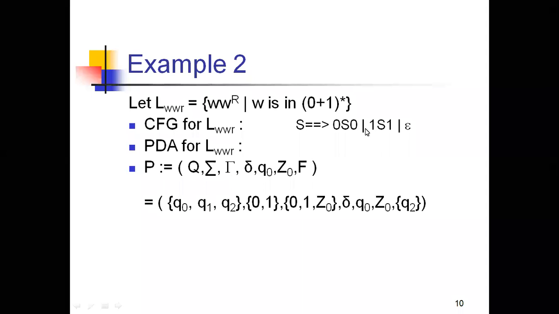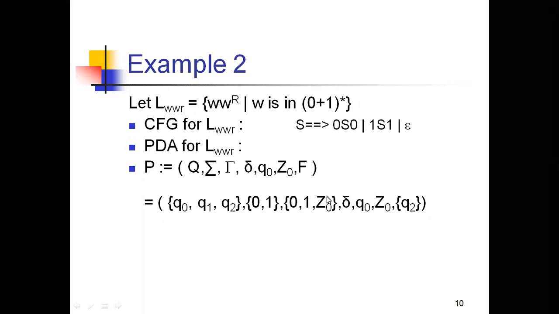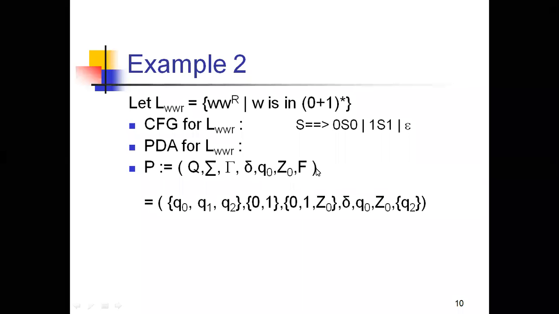For accepting the context free grammar, we're taking three states: q0, q1, and q2. The input alphabets are 0 and 1. The stack alphabets are, along with 0 and 1, z0, because z0 is the initial stack alphabet, and del is always del.